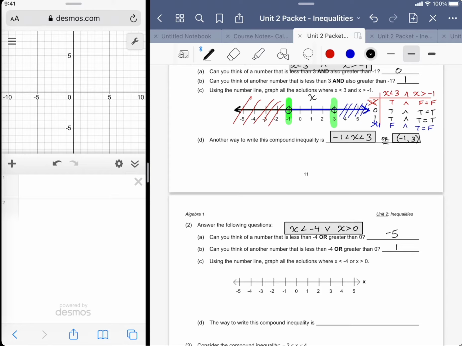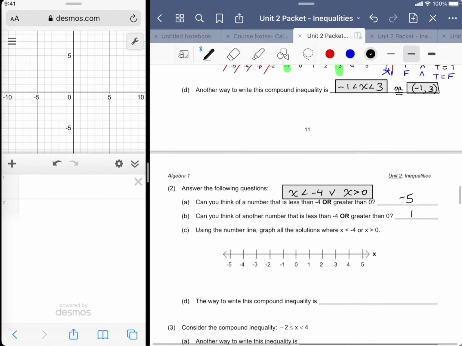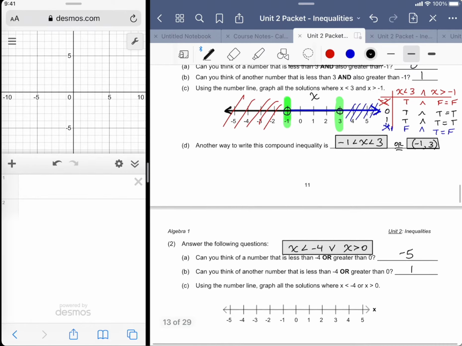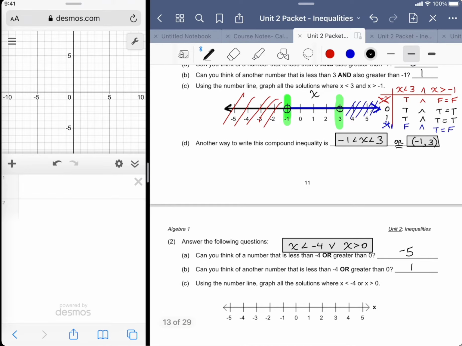You'll find that the or situations are actually easier to graph because there's no overlap when it comes to or. So I would plot the -4 and shade to the left to account for the x's less than -4, and then I would plot the 0 and shade to the right to account for the x's greater than 0.